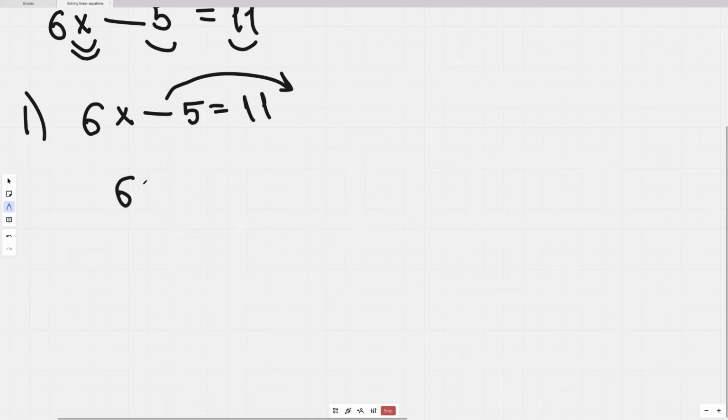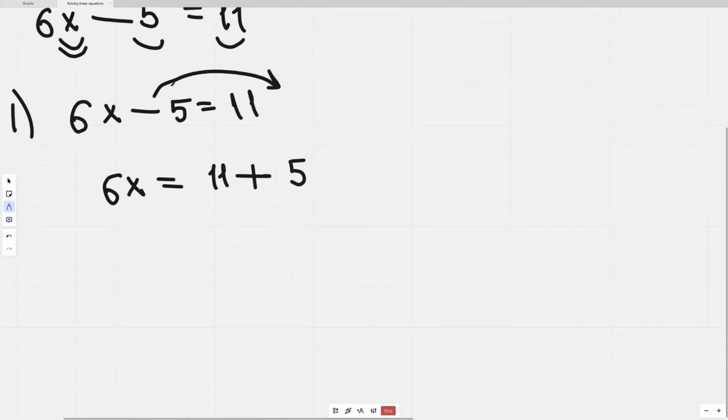Like 6x is equal to 11 plus 5, because as I told you, we are moving the -5 from the left side to the right side, which means we have to change its sign from negative to positive.